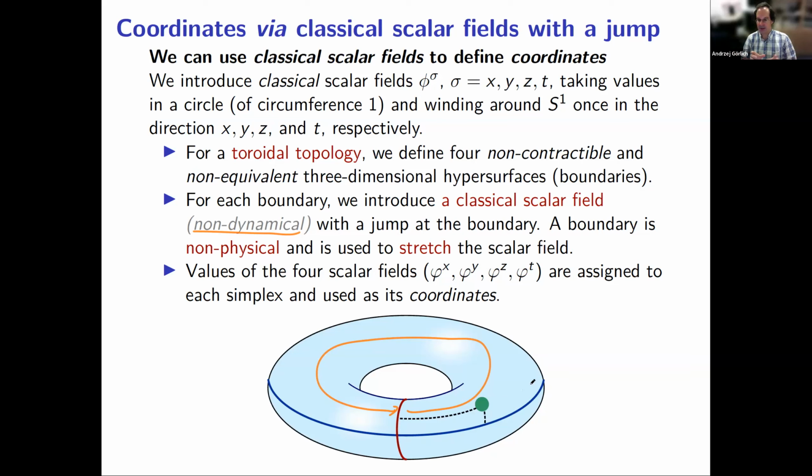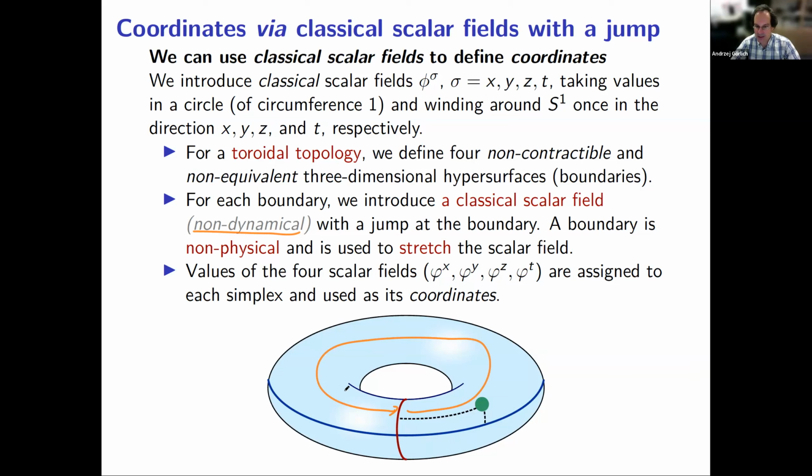So it's not possible to continuously contract them to a point, or to transform one into another. We need those boundaries to introduce a jump of the scalar field when it crosses the boundary. The boundary itself is non-physical, so its exact location is not important. It is only used to stretch the scalar fields.